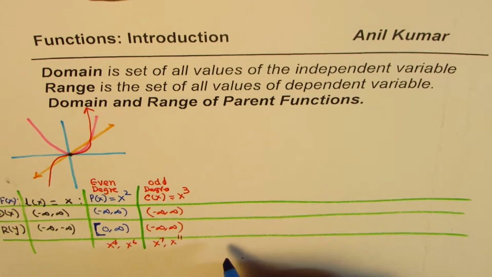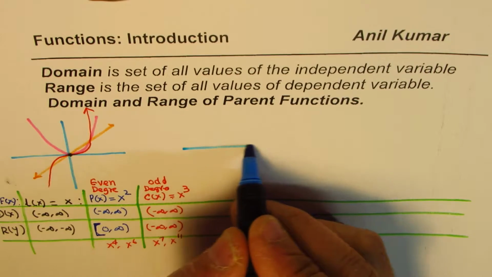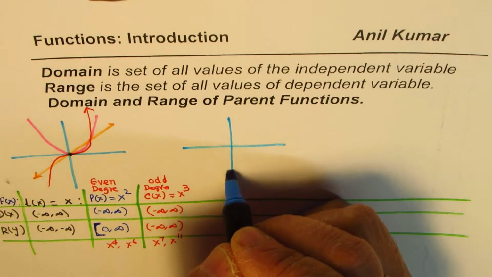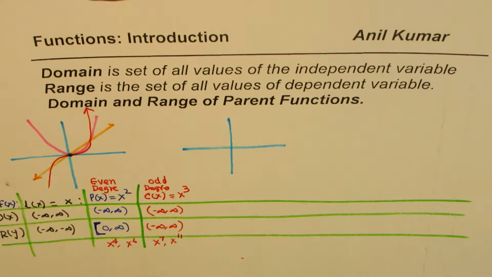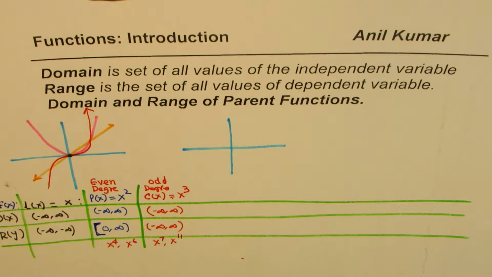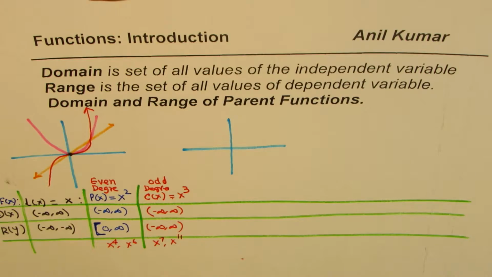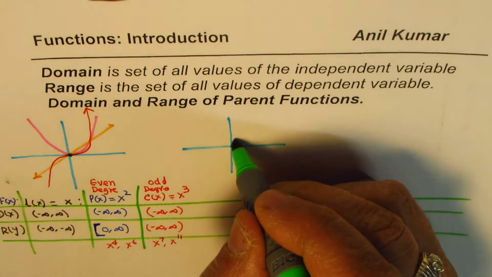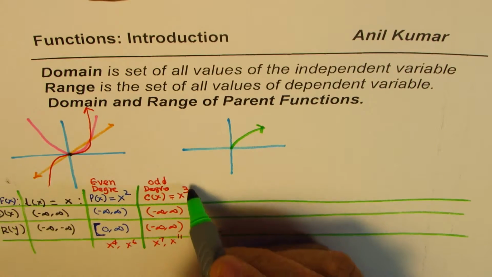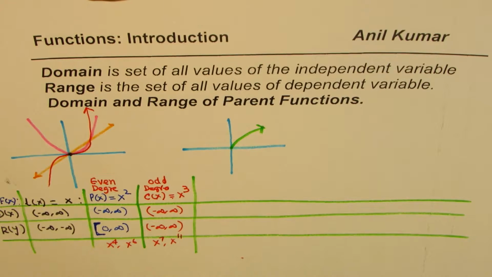Now let's move on to different kinds of functions. We have enough space here, so we'll take a function which is a restricted kind of function. We'll take a function like square root x. So square root x is kind of like this, right? Let me write down the name.